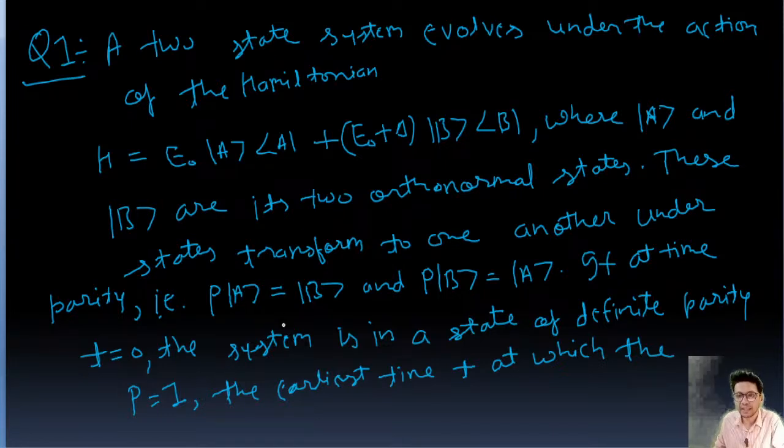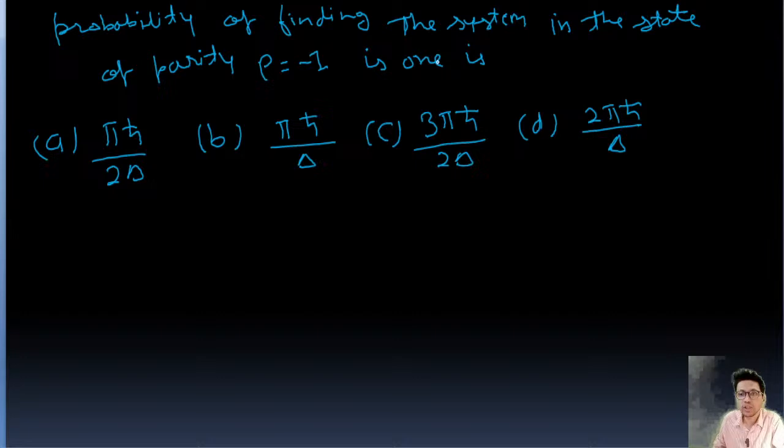Now what we have to find is the earliest time t at which the probability of finding the system in the state of parity p equal to -1 is 1. So we need to find that time, guys.